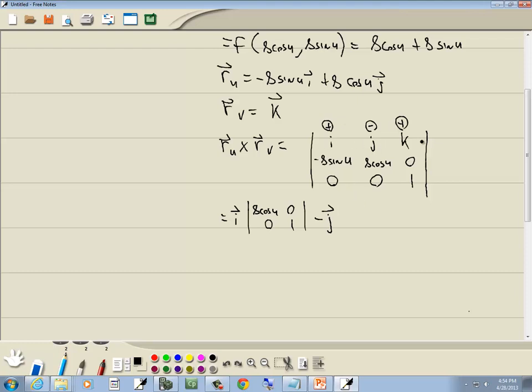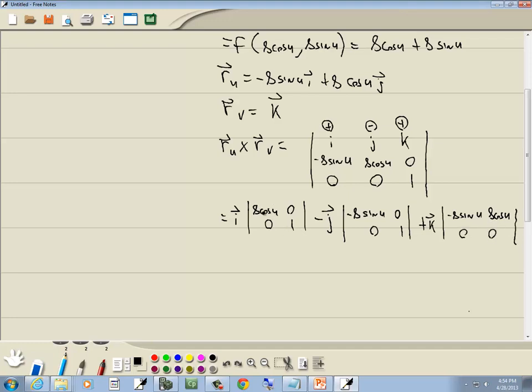So minus j, we'll cross out the row and column j's in, and then determine what's left. So we got negative 8 sine u, 0, 0, 1, plus k, and cross out the row and column it's in, and we got negative 8 sine u, 8 cosine u, 0, 0.